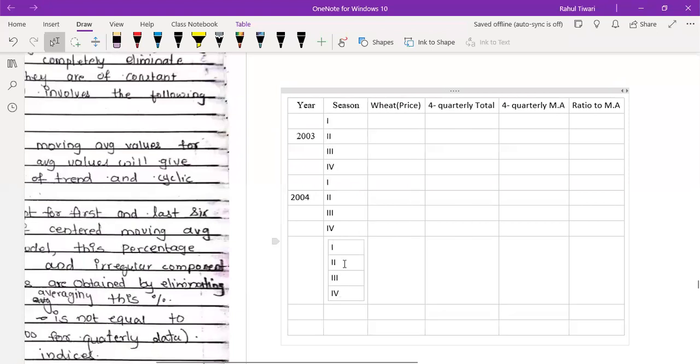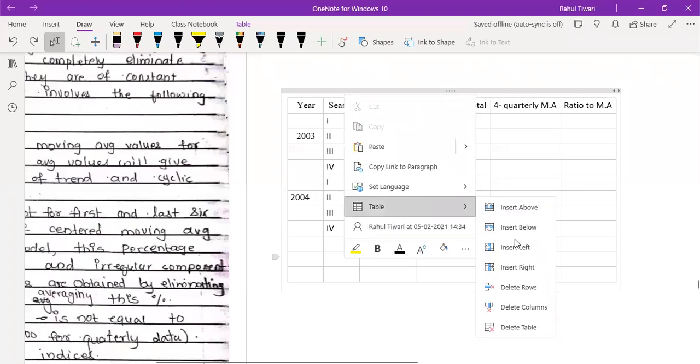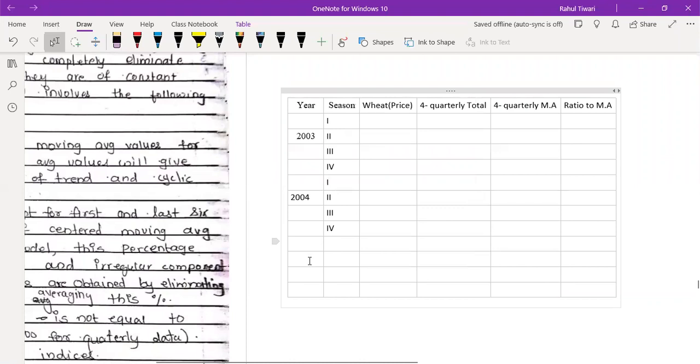We need to write separately because it won't be copy and paste. So 2004, paste here, and 2005: 1, 2, 3, and 4.